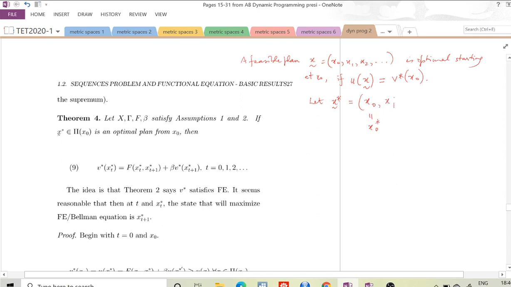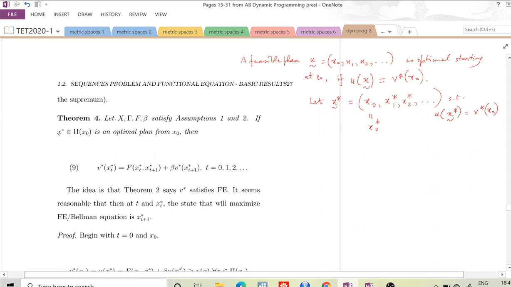And then we go to x star 1, x star 2, etc., choices for future states, such that from this feasible plan, the discounted present value actually is the supremum. It's the maximum possible starting at x naught. Okay. That's an optimal plan.